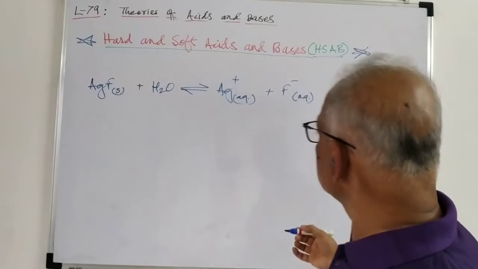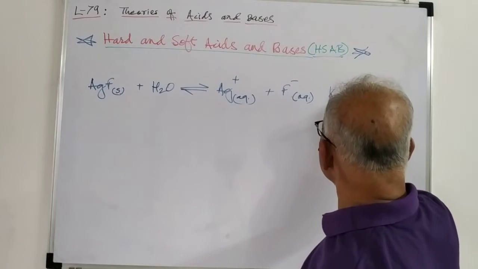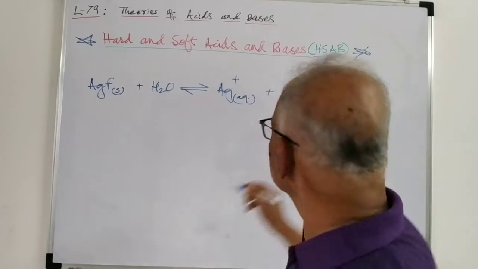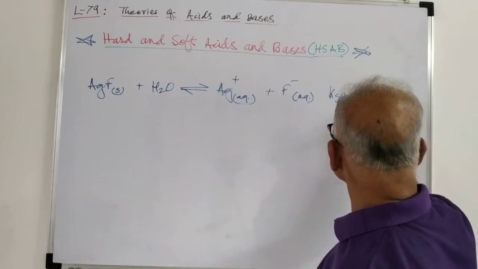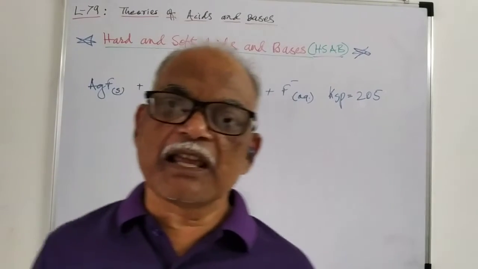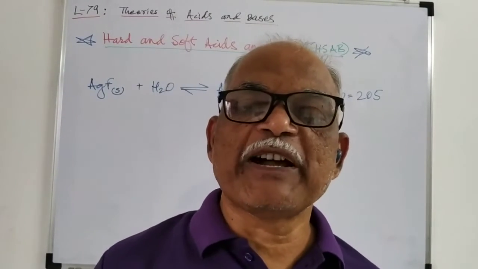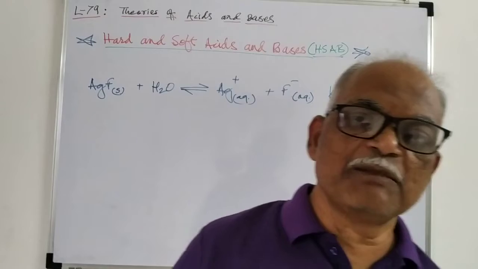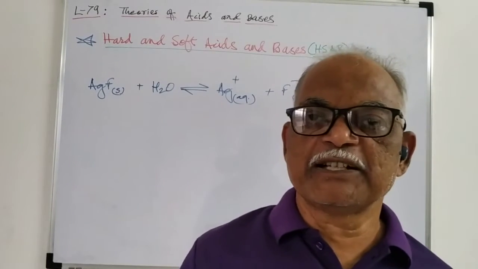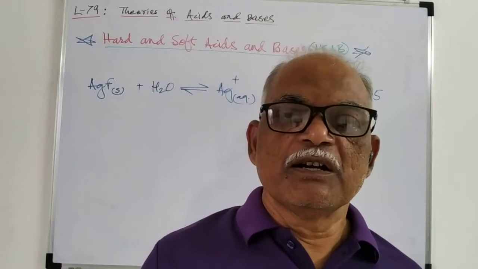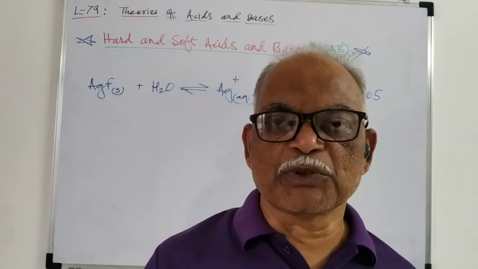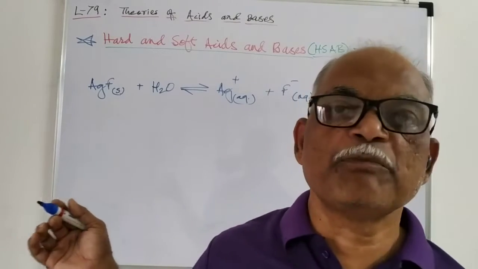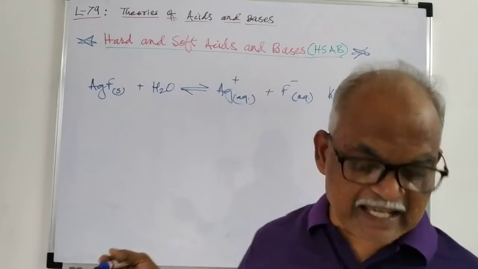After dissolution, it shows a Ksp value, that is the solubility product value, of 205. We know that the Ksp value is the product of ionic concentrations raised to suitable powers. This helps us understand the extent of solubility of a salt, whether it is completely soluble, partially soluble, or insoluble in a given solvent. So this can be understood with the help of this concept, that is the Ksp value.